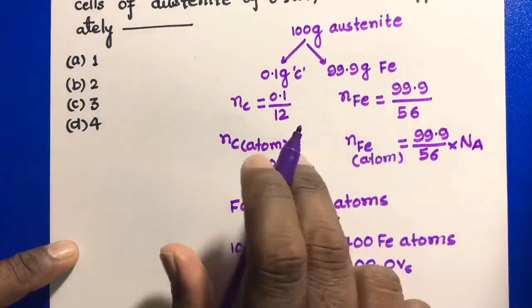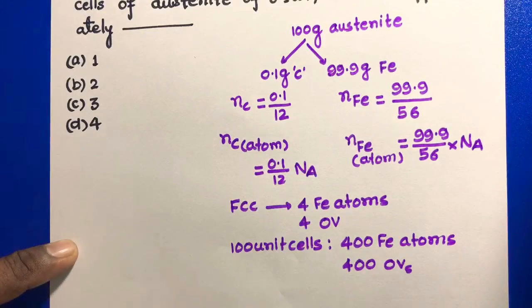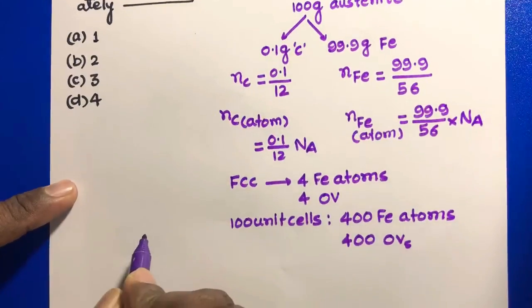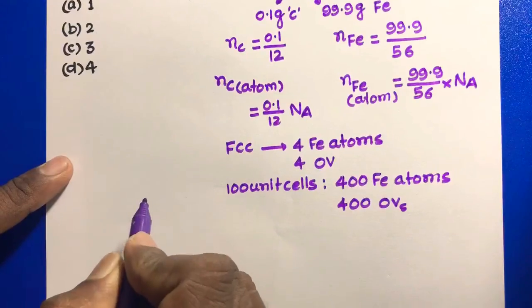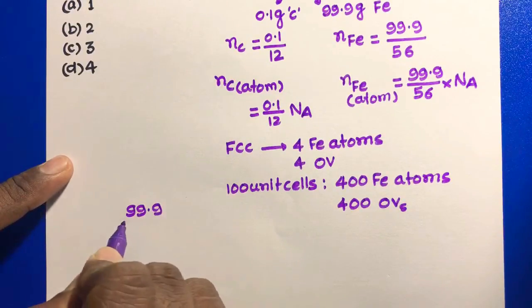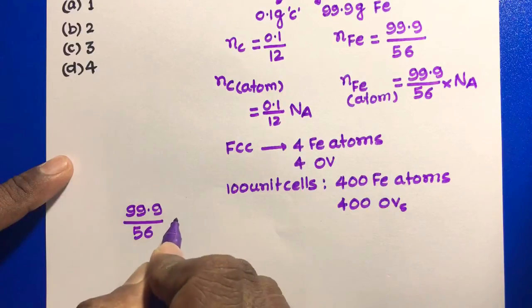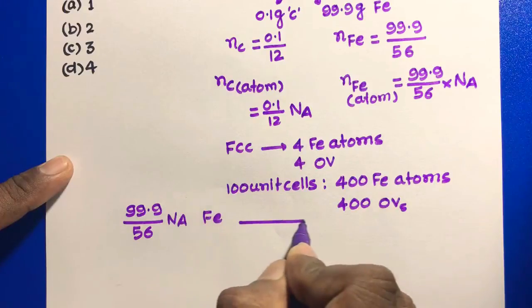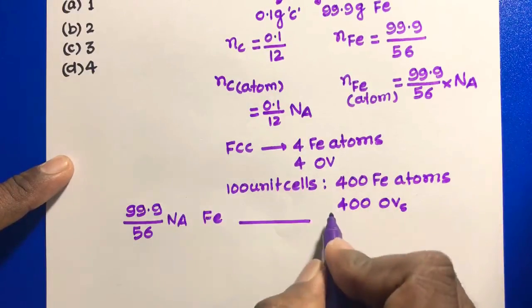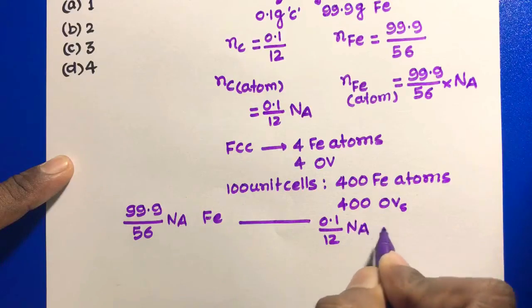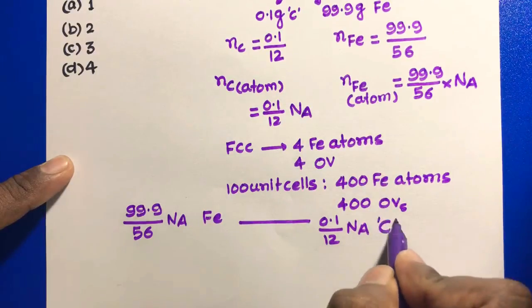So from this we can apply the unitary method. So let me write here, 99.9 by 56 Na Fe atoms is equivalent to 0.1 by 12 Na carbon atoms.